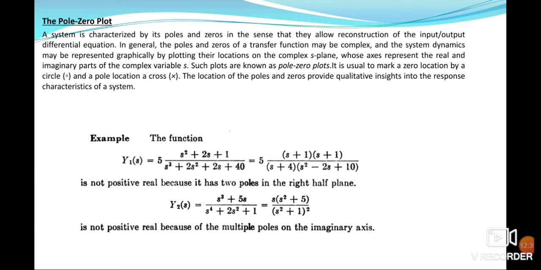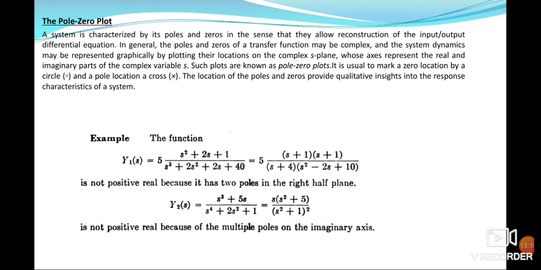Now from the above example, it is seen that it is not positive real because it has 2 poles in the right half of the S-plane. If you calculate, you will get the value of poles on the right half of S-plane. So if any pole is present on the right half of S-plane, it is representing that the system will be unstable, because the stability of the system depends on the location of poles on the left half of S-plane.